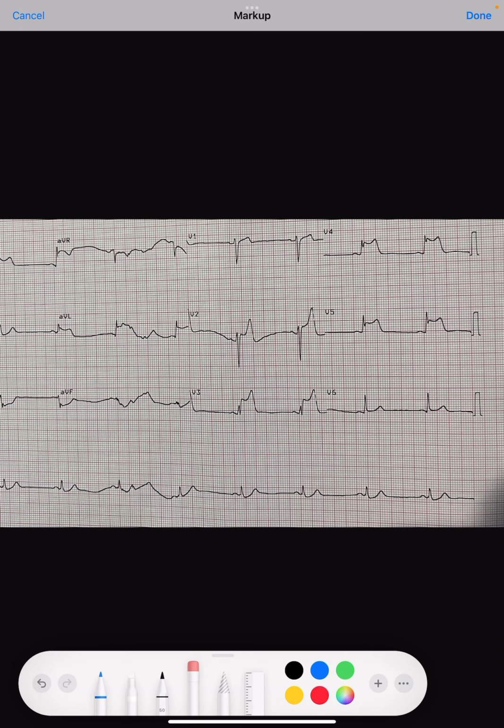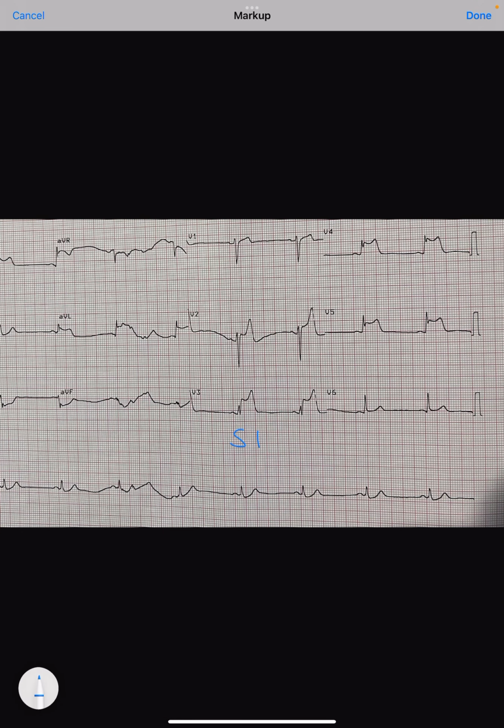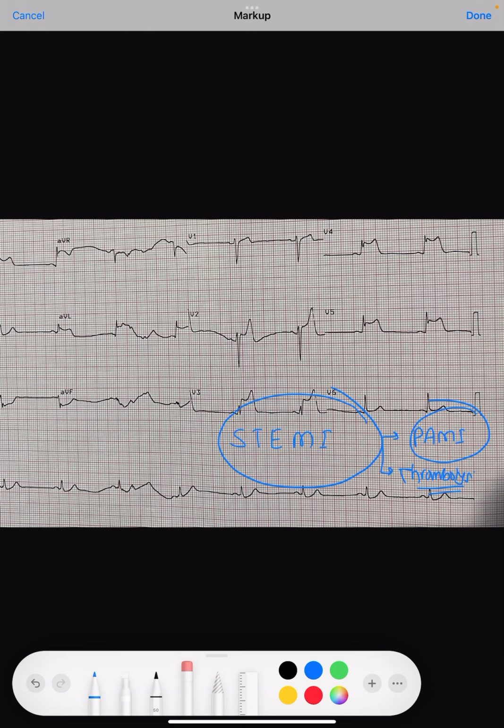So in short, we label this as ST elevation MI, and the primary treatment for this is PAMI, which is primary angioplasty or primary coronary intervention for acute myocardial infarction. If it is not feasible, then thrombolysis has to be done as fast as possible with Elaxin or injection streptokinase, which I'll talk about in the next video.